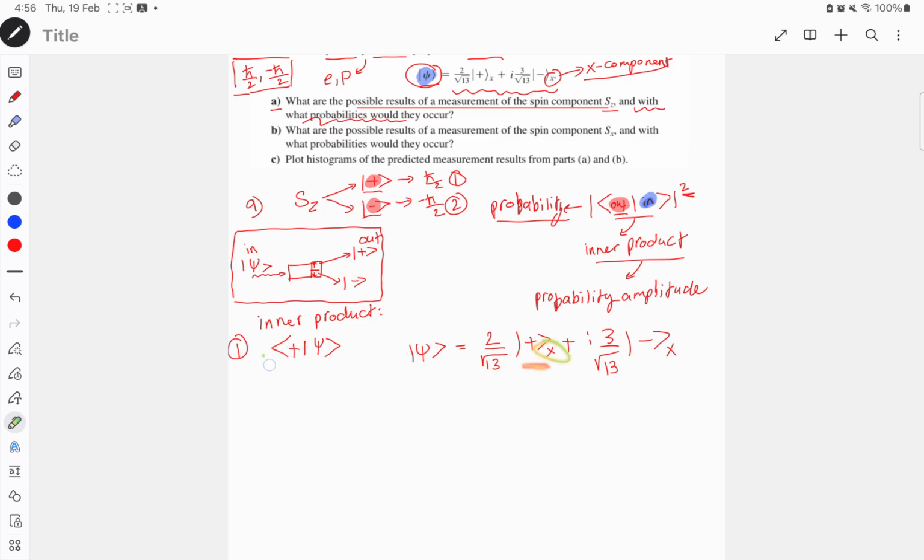Here x, here z. So we know x in terms of z, and we will change them in terms of z, then multiply by the positive z component. Then we will do the same for the negative.